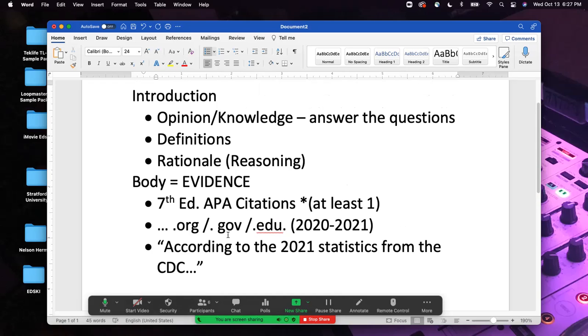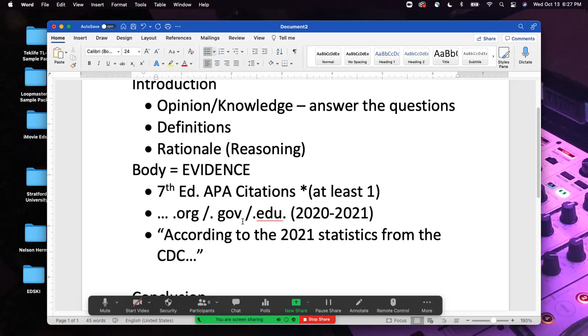Then I could answer that post like, dear Melissa, it is my opinion that Zika virus still is important, not in the United States, but in other parts of the world. According to another paper that I found, it stated that in Europe, the 2021 statistics showed that Zika virus is on the rise, or whatever, right?